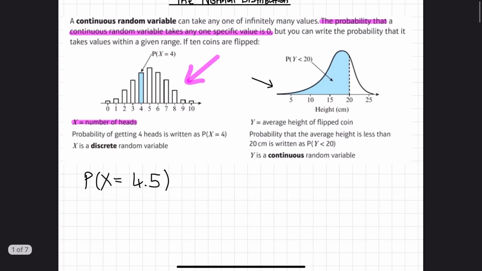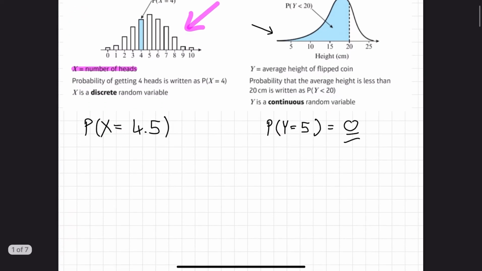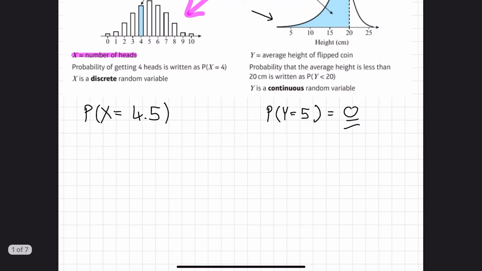What does that even mean? So we have a coin, we're flipping it, and we're trying to find out the height of the coin. If you're trying to find the probability that the coin is exactly 5 centimeters, that's 0. Why? Because when you're flipping a coin, it could be 4.1 centimeters, it could be 4.2, 4.3, 4.4, 4.9999999.